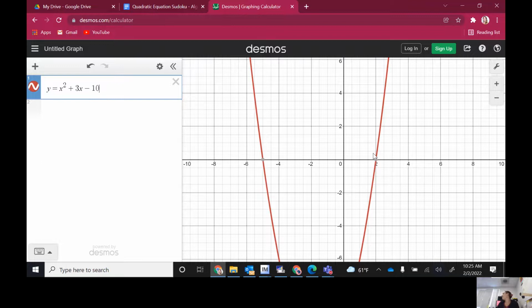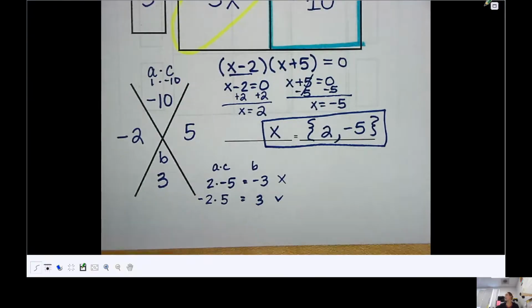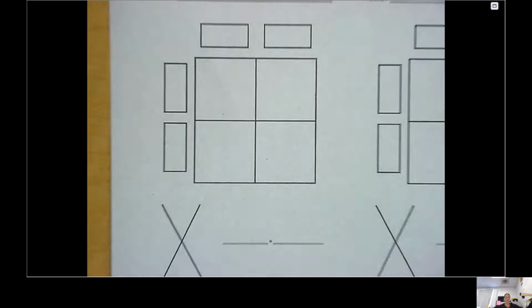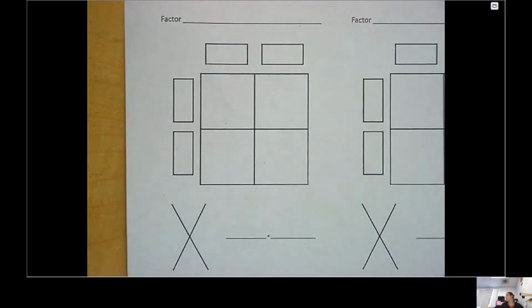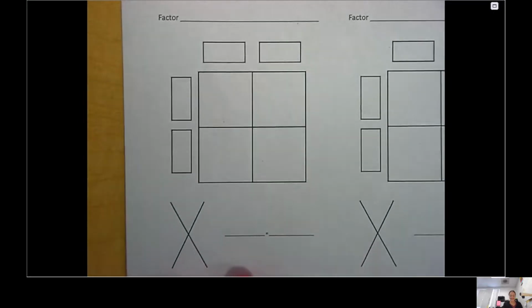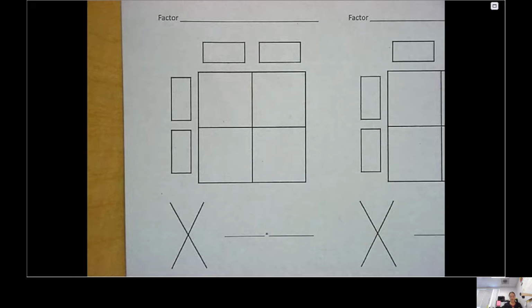Shortcut. Maybe it doesn't feel like a shortcut right now, but it will. I swear. All right, questions so far? Are you ready to try another one? All right, let's open it up. Let's try another one. Is there another way we could solve it?